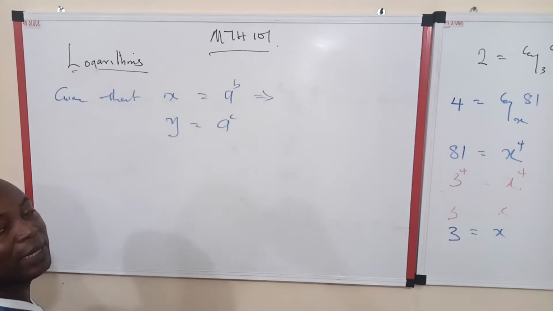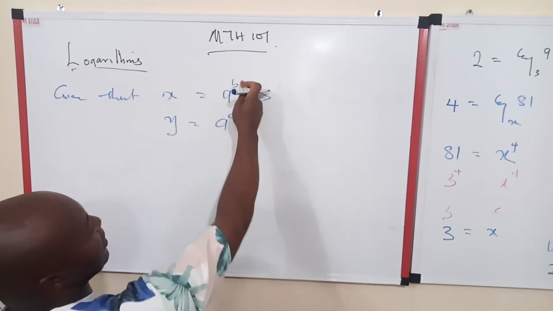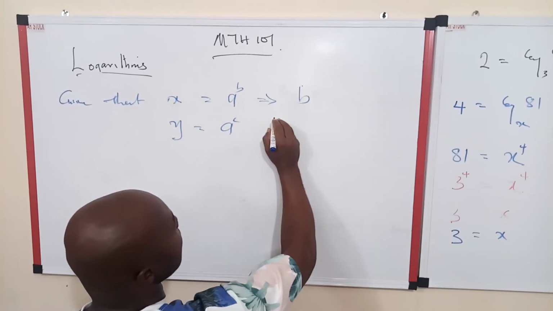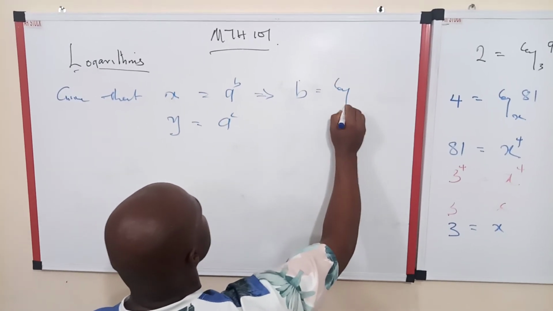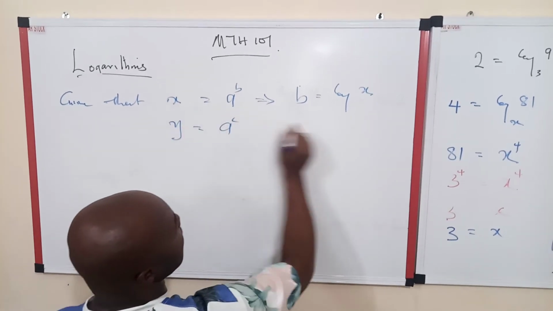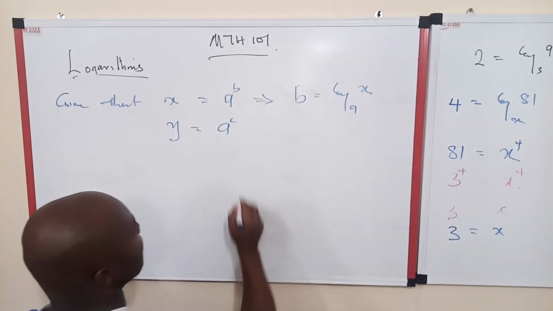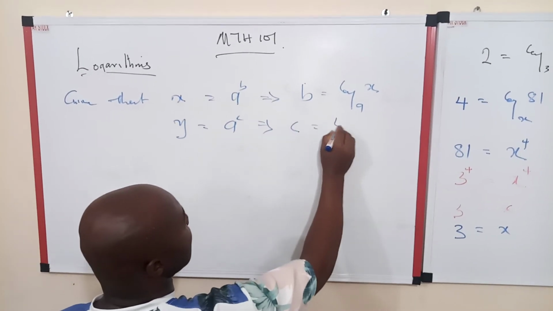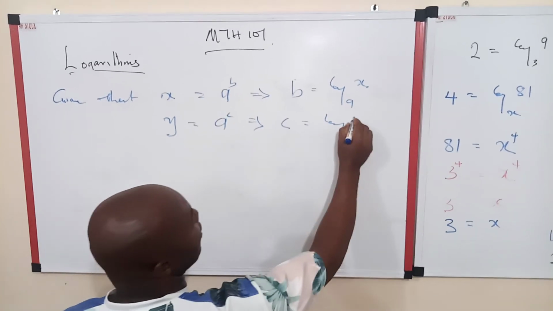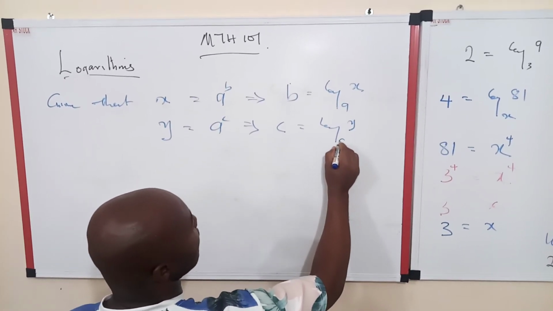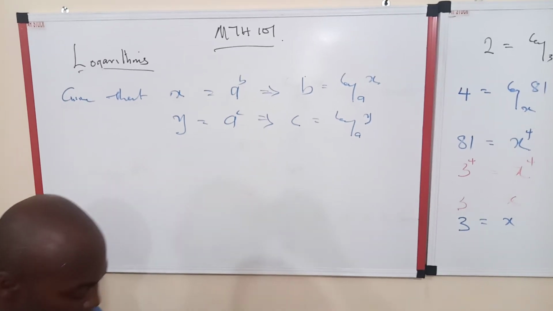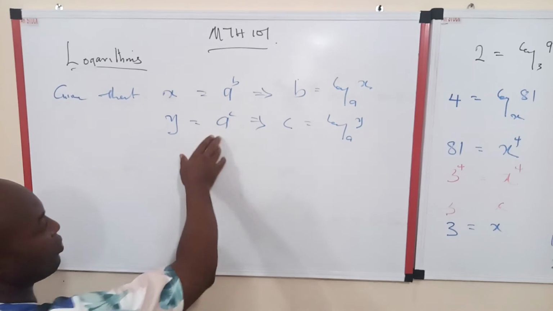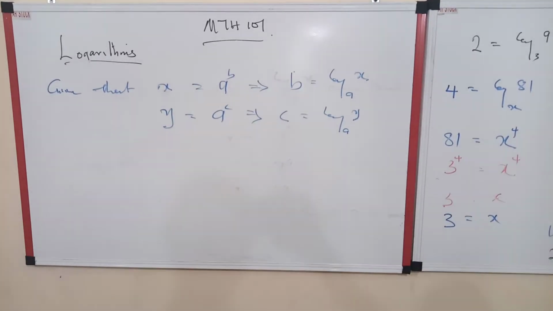We can rewrite them in terms of logarithm. This we can write as the power, which is B, is the logarithm of the number x in base A. Whereas this other one we can write as C is the logarithm of the number y in base A. So you can see that in this one we can also write it in terms of logarithm.